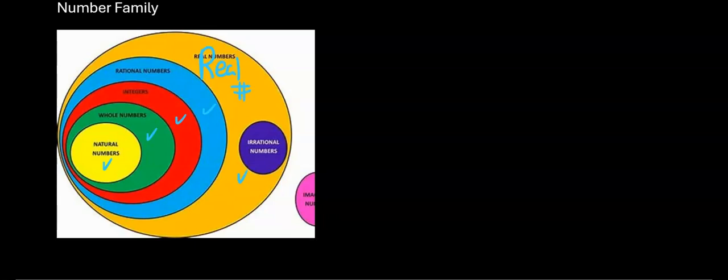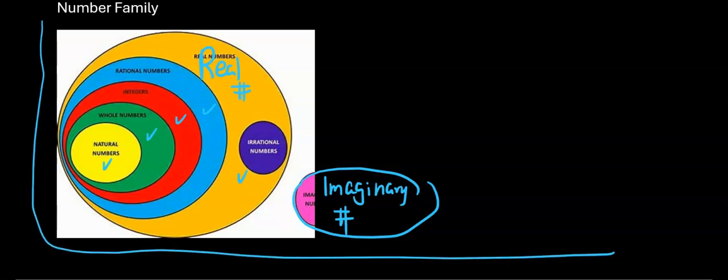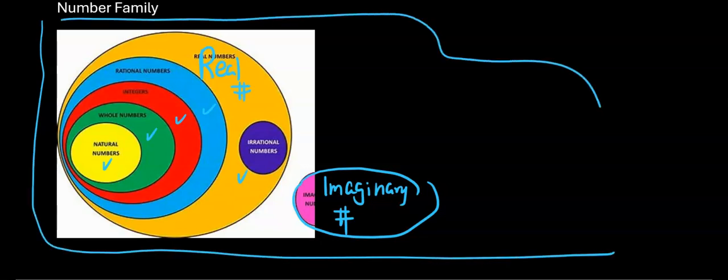Algebra 2, students, oh, here's something hidden. What's that? That is a beautiful number we call imaginary number. And with this new family, we put real numbers and imaginary numbers together. We create a new family we call complex.